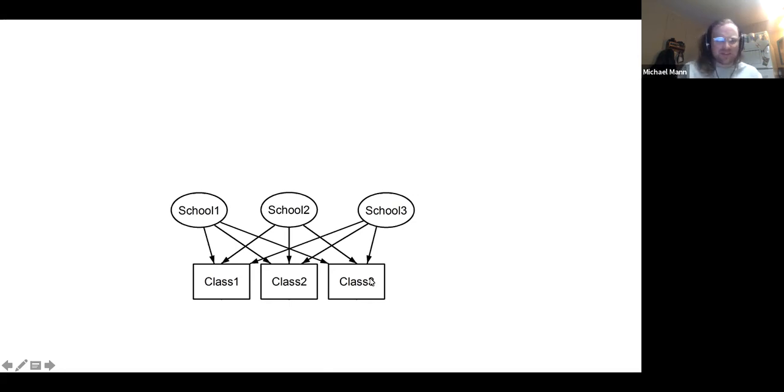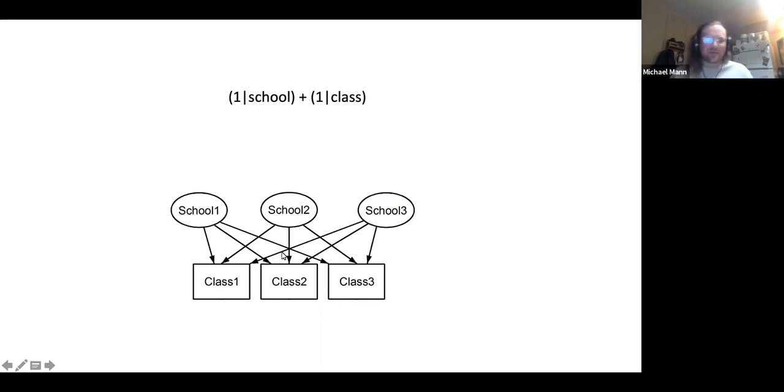In this case, it's no longer nested within one particular school. What you would have is 2 different random effects, because you don't really care which student came from which school, you just want to account for it. But also you don't really care which of the classes they were assigned to.